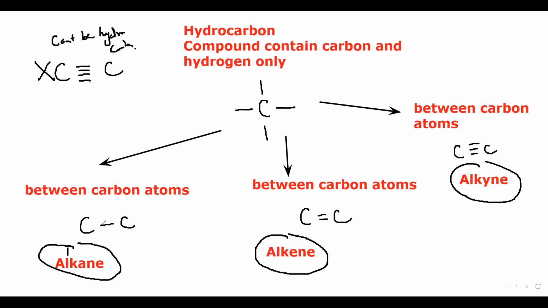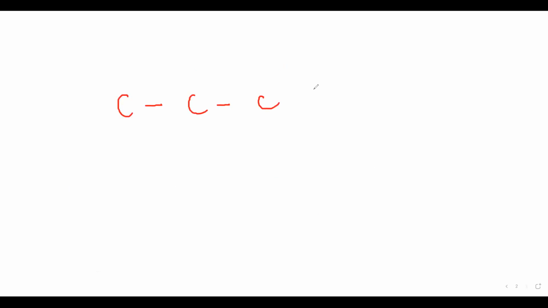If there is a single bond, we call it alkane. If there is a double bond, we call it alkene. If there is a triple bond, we call it alkyne. So you can see a single bond is there between the carbon atoms. So what kind of hydrocarbon is this? This is called alkane, A-N-E. Then how many hydrogens?